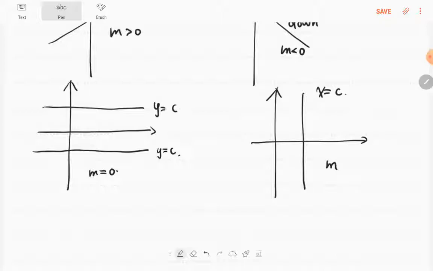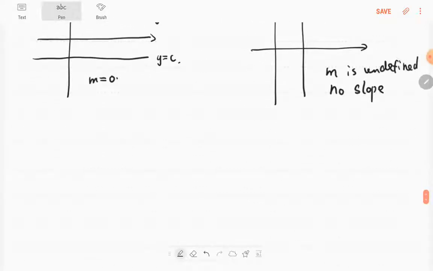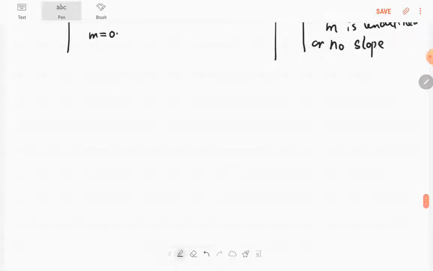Then m is undefined, or we will say no slope. They are the same meaning. So that's the slope of horizontal line and vertical line.